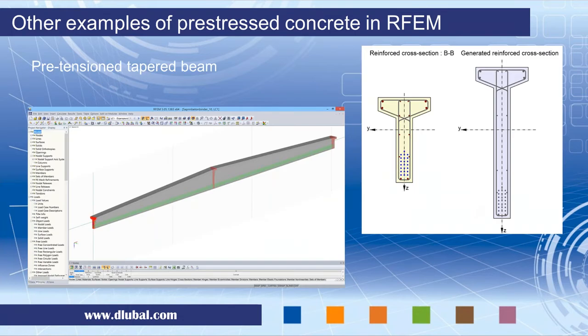The last example which I would like to show is the pre-tensioned tapered beam. You can see the longitudinal view, and also in RF-TENDON Design the reinforced cross-section above the support and the generated reinforced cross-section at the position at which we wanted to make the design.